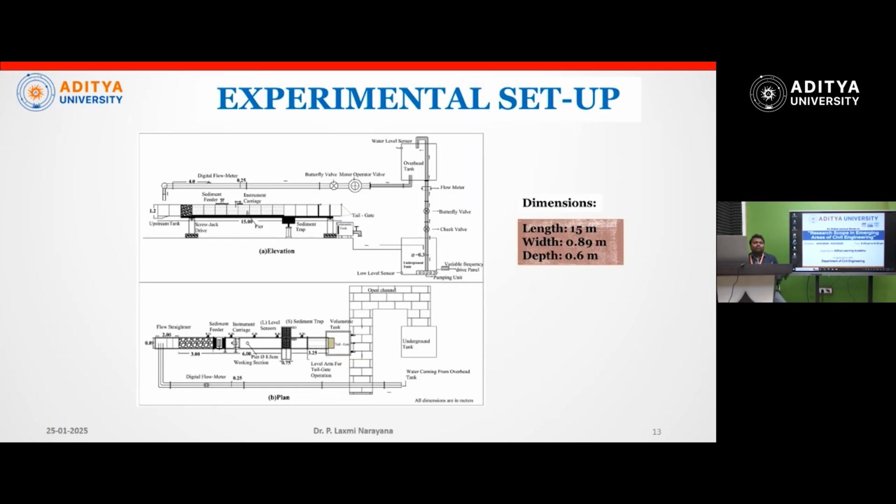To fulfill this objective, we have an experimental setup in my institute, SVNIT. We have a recirculating sediment transport flume, with a length of 15 meters, width of 0.89 meter, and 0.6 meter depth. These are the dimensions of the flume.